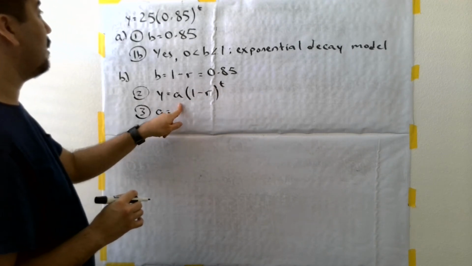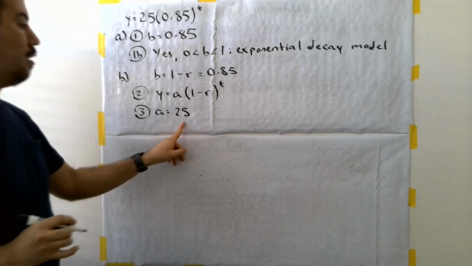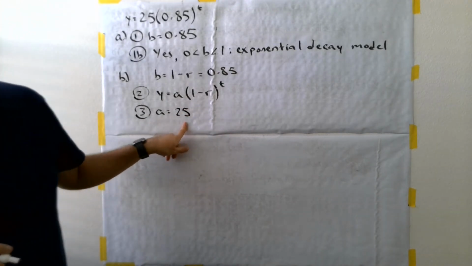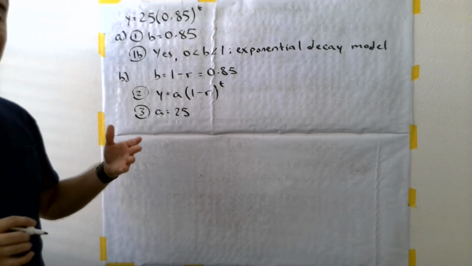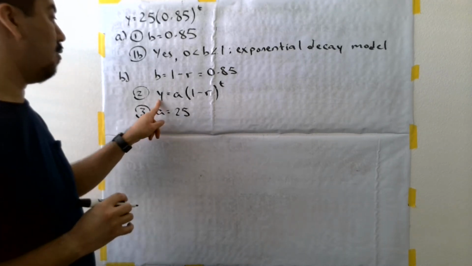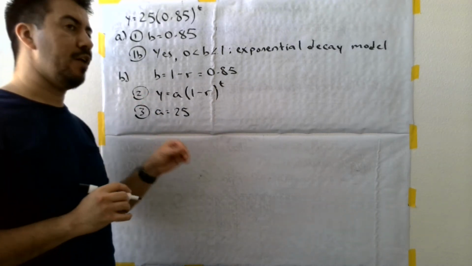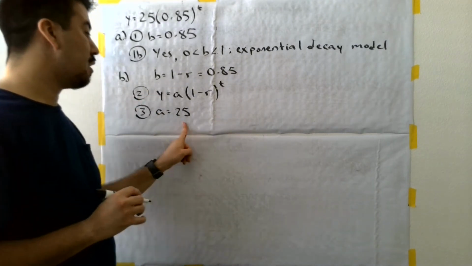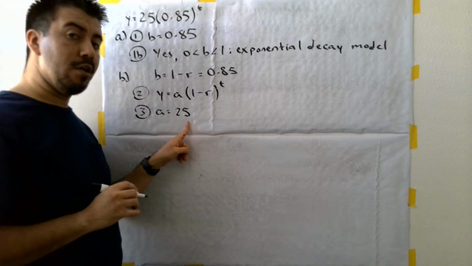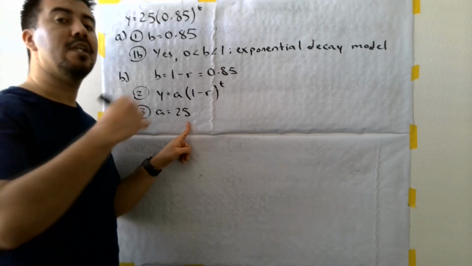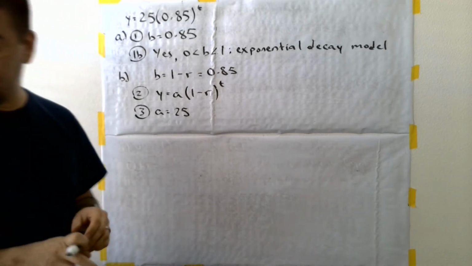The only value I see there is 25. Since y is expressed in thousands, the number represents thousands. So since a is 25, the initial value of the car is $25,000, represented by the number 25.